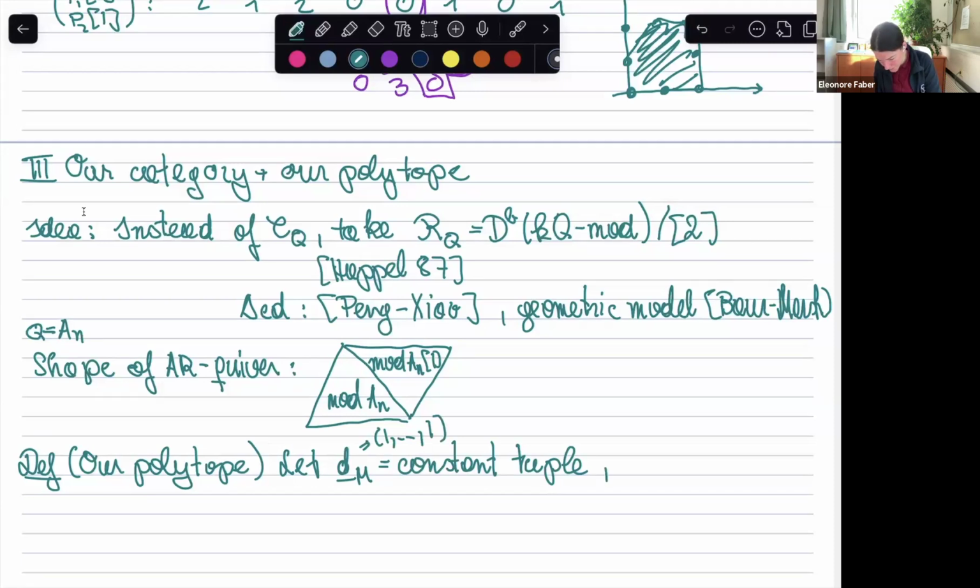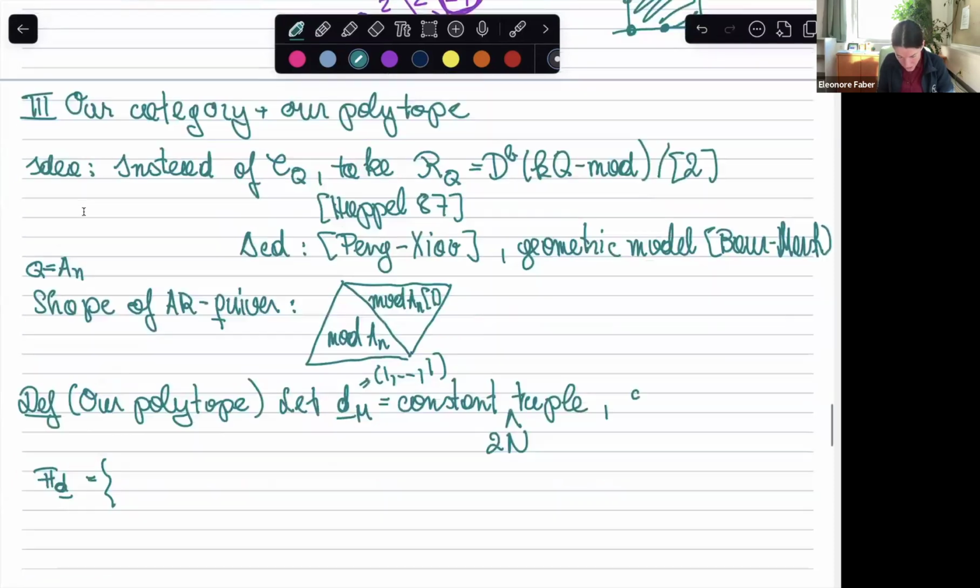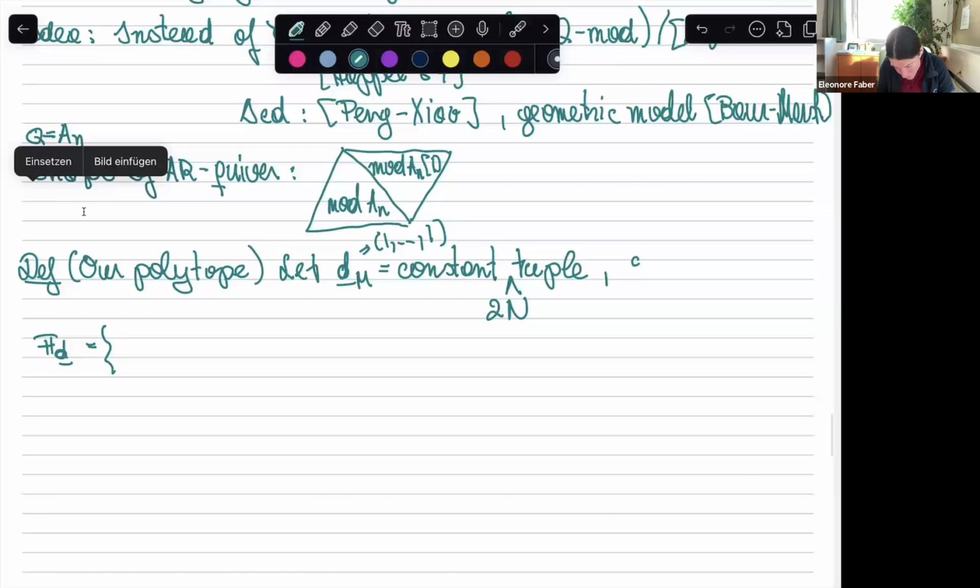The number of indecomposables is 2n. Then, similar as before, we can define F_D. This is now the set of tuples in R, one entry y_m for every indecomposable in this root category RQ.